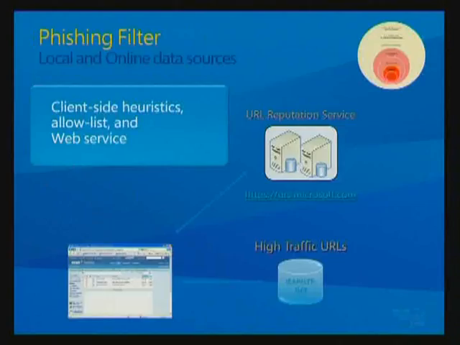Moving on to the phishing filter, another new feature that we've brought in, looking at the layers of protecting users against social attacks. There's a couple of ways that you protect users in an ongoing scenario.